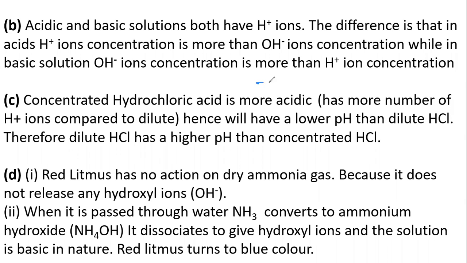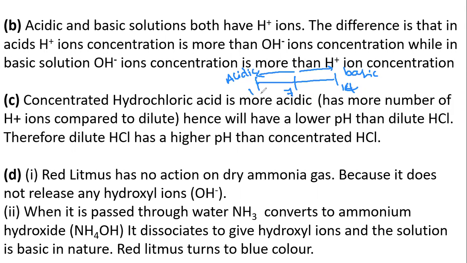You know the pH scale is marked with numbers from 1 to 7 and 7 to 14. When you move from 7 to 1, acidic nature increases. When you move from 7 to 14, basic nature increases. Understood?